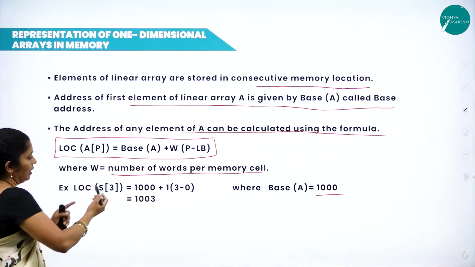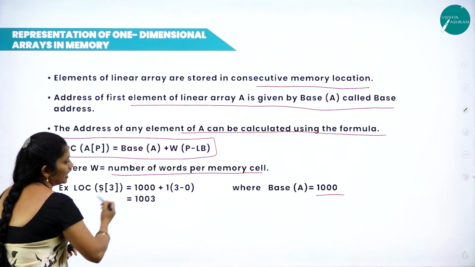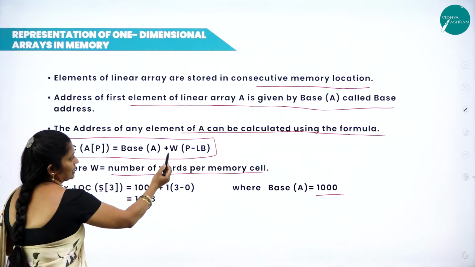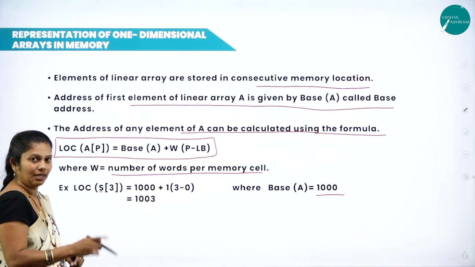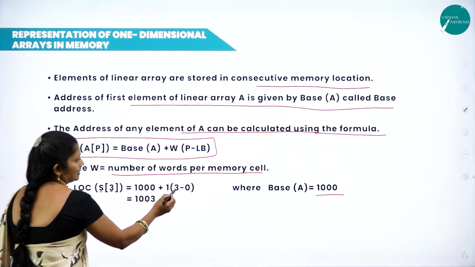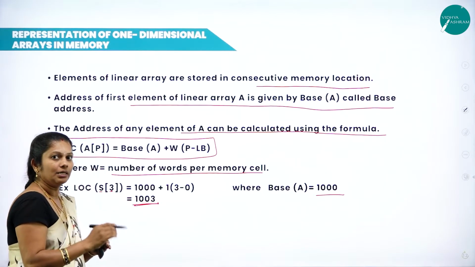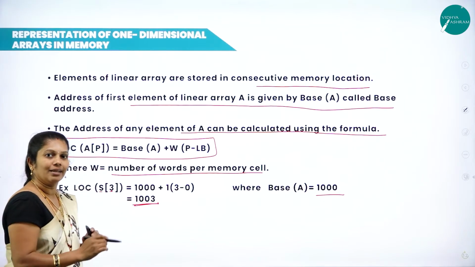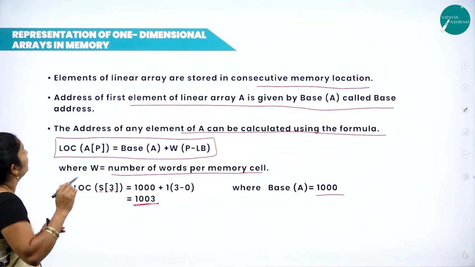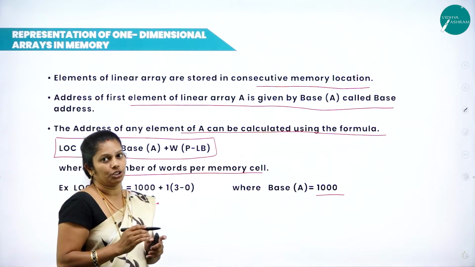Here the array name is given as S. S[3] equals the base address 1000 plus W, the number of words per cell, which is always 1, times (3 minus 0), so 1003 is the location of that particular array element. Like this, we can identify the memory location of an element in a single-dimensional array.